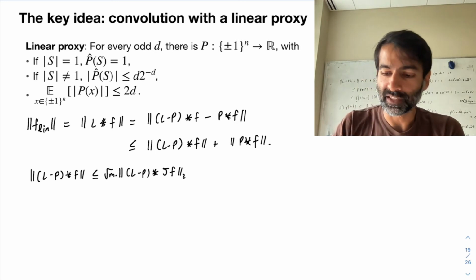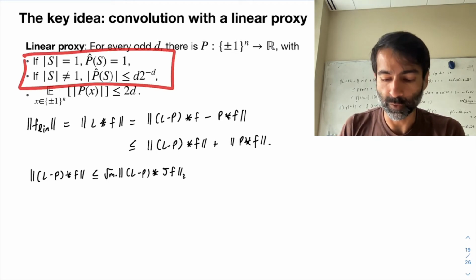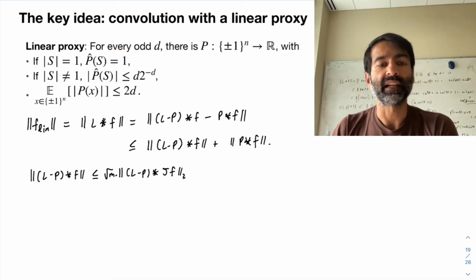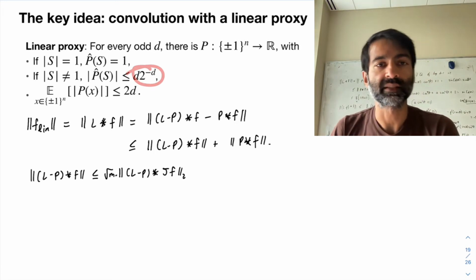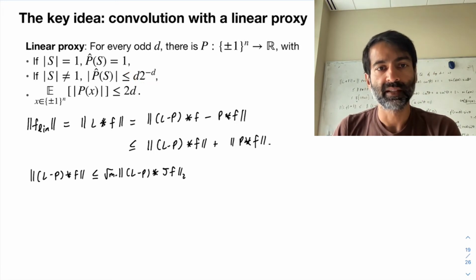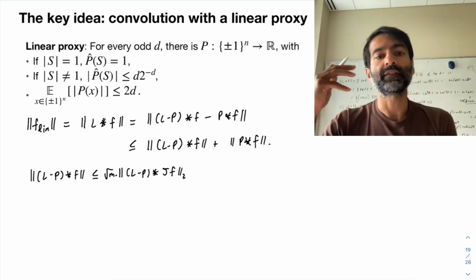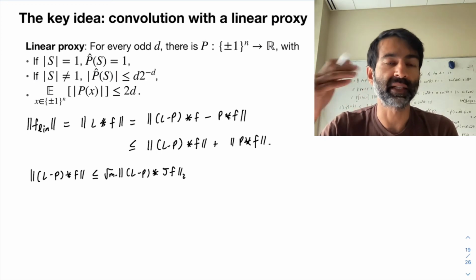And now let's look at the properties of p. Because of the guarantee of p on the Fourier coefficients, every Fourier coefficient of L minus p is extremely small. It's bounded by this number. And that means the convolution in Fourier space, every Fourier coefficient of j times f is being reduced in magnitude by this exponentially small number.